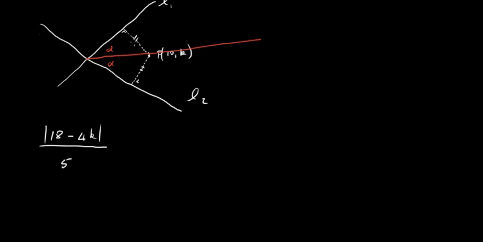But we know that that's the same as the distance between this point P and L2. Now, L2 by the way has equation 5x plus 12y minus 20 equal to 0. So if we find the distance between the point P and this line, we know it has to be exactly the same as this.